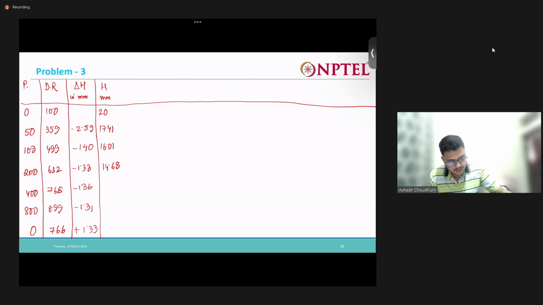Then 14.68 minus 1.36 is 13.32. 13.32 minus 1.31 is 12.01. 12.01 plus 1.33 is 13.34. Okay, so we got these heights.